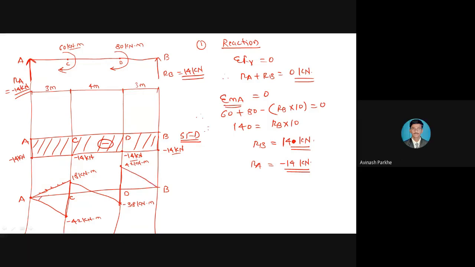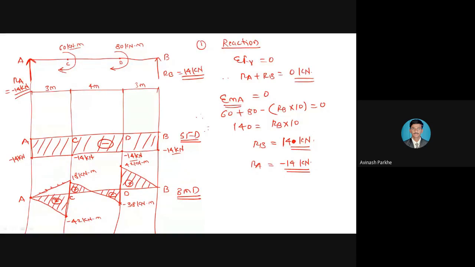So this is your first positive region, first negative region, then positive, then negative, and then positive. And this particular diagram is called a BMD.